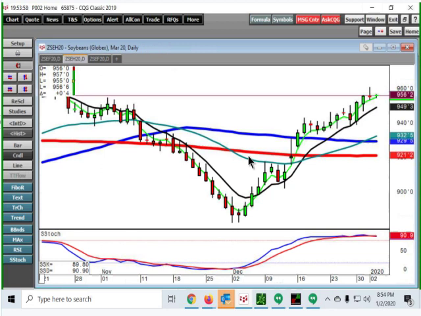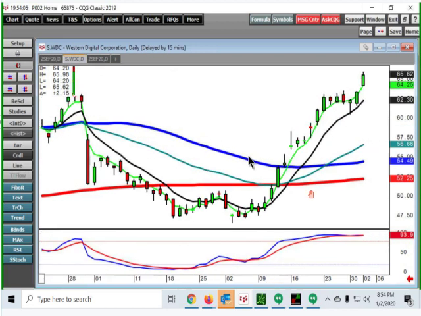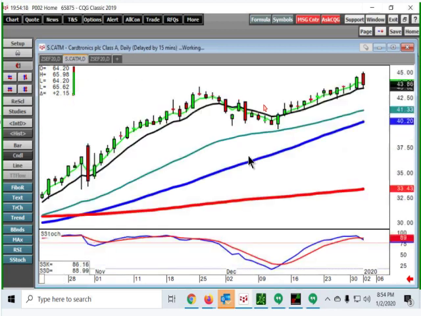So where was I? Okay, Western Digital. If we're looking at this and it gapped up, I may wait 2, 3, 5, 7, 10 minutes to make sure they're still trading positive. Today we recommended CATM, but look what it did.